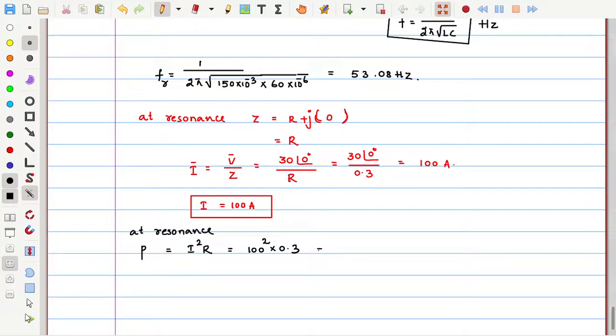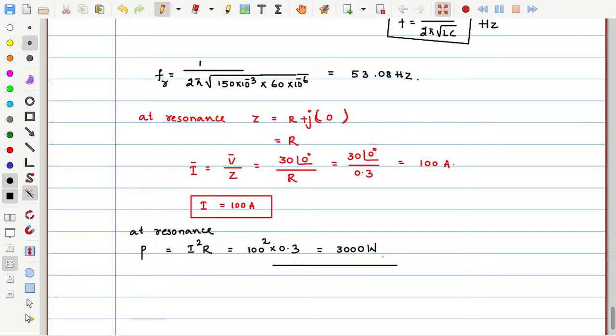How much will you get? Cross verify. You will get 3,000, 3000 watts. Very good. So like this you can apply many things.